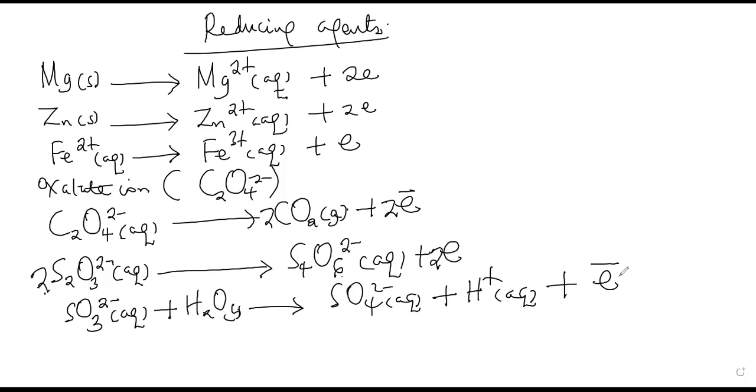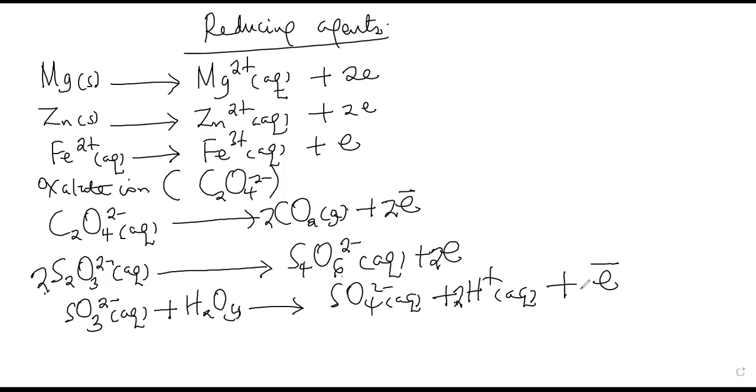It also undergoes oxidation in presence of water. So now balancing this: sulfur 1, oxygen 3 plus 1, 4. These are 4. Hydrogen is 2, this is 1, put here 2. Atoms are balanced. Then the charges: this is +2 plus -2, that is 0.